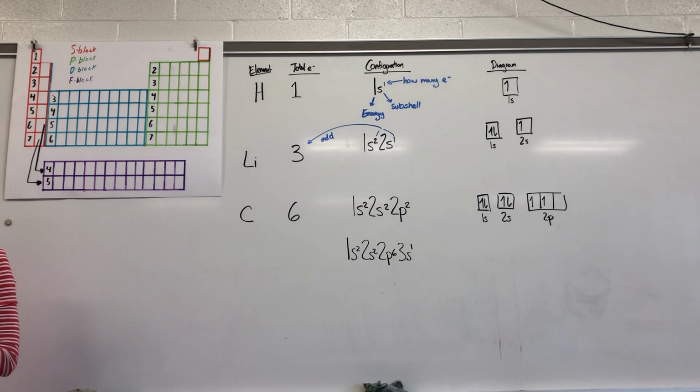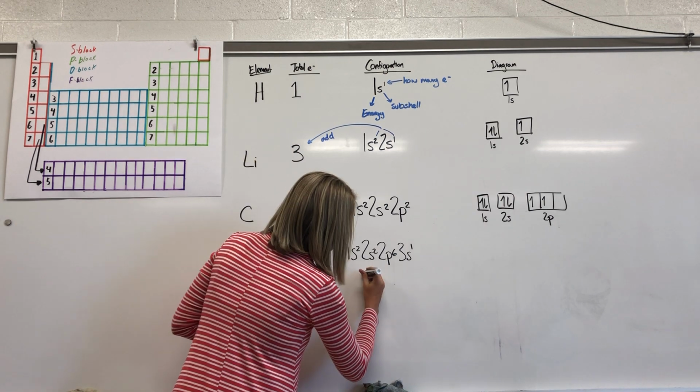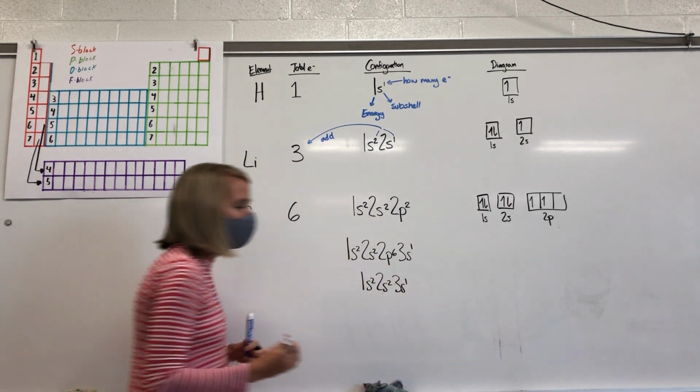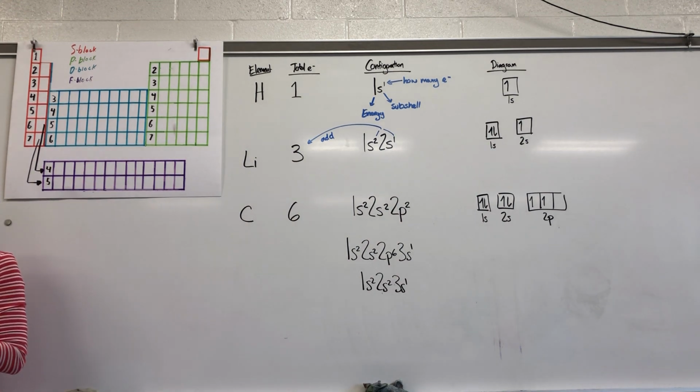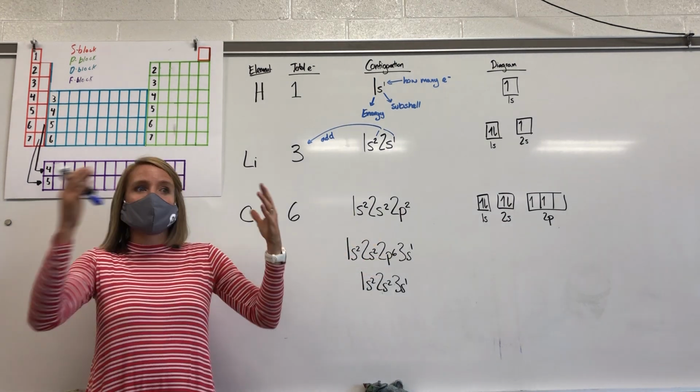Questions? Okay, I have a question for you. Let's switch roles. Someone last class asked me, and they had this for their answer: 1s2, 2s2, 3s1. Teach them what's wrong there. Yeah, so we skip the p, and so it's not accounting for all the electrons.